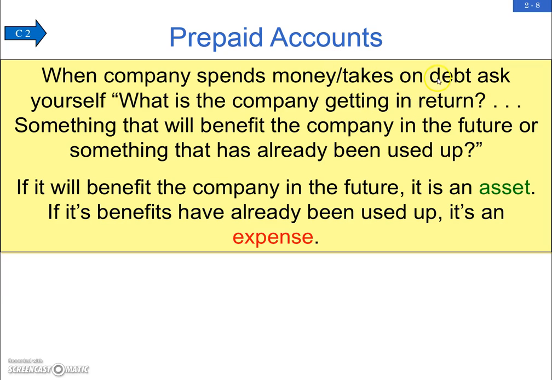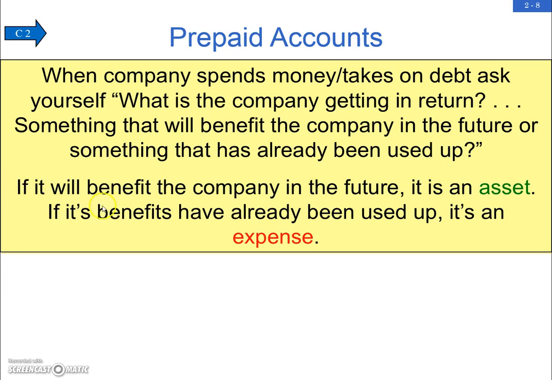So when a company spends money or takes on debt, we need to ask ourselves, what is the company getting in return? Real important here. Is it something that we now own and will benefit the company in the future? Or is it something that has already been used up? That's the question I want you to ask yourself every time a company spends some cash or takes on debt.